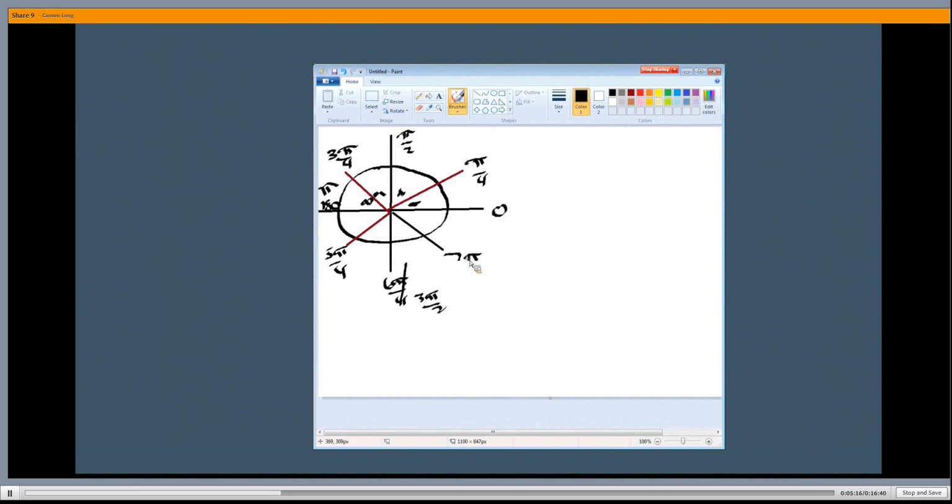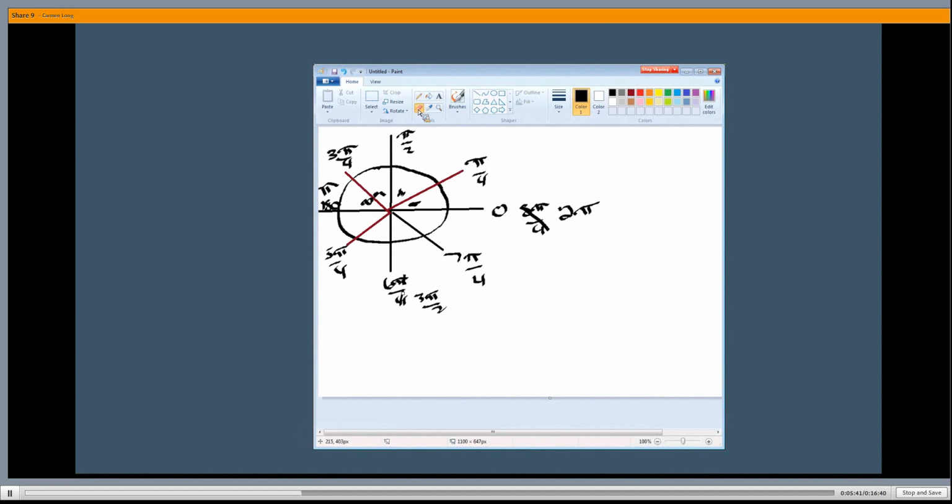And then 7 pi over 4, and then 8 pi over 4, which would be reduced, of course, to 2 pi. So I didn't memorize those. I just can count 1 pi over 4, 2 pi over 4, 3 pi over 4, 4 pi over 4, 5 pi over 4. And I'm just counting in my counterclockwise way. So I've memorized where the degrees are on my unit circle for the 45, 45, 90.